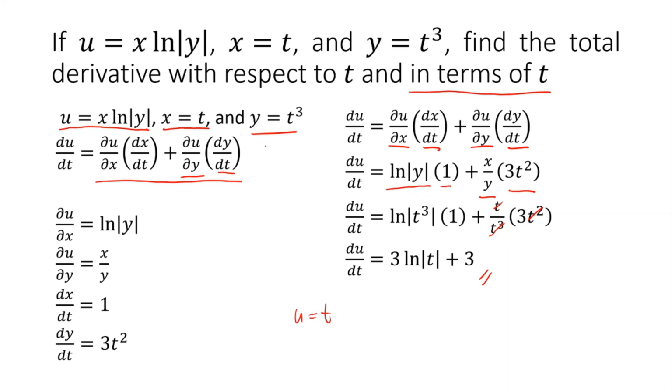And then ln of y, where y is t cubed, so ln of t cubed. Again, apply the power property, so we now have 3t ln t. So this is actually an easier way to find the total derivative of u with respect to t, because our equation is now directly in terms of t.